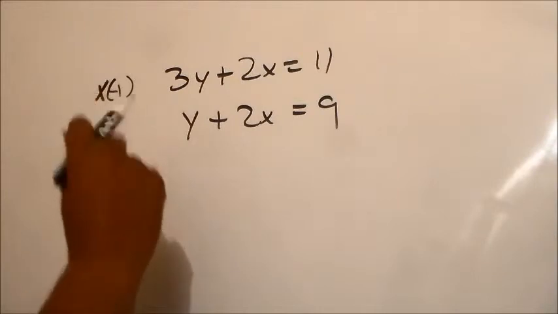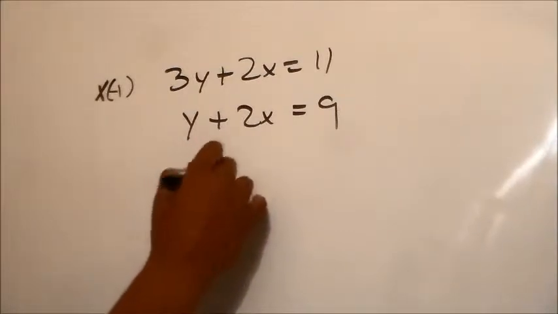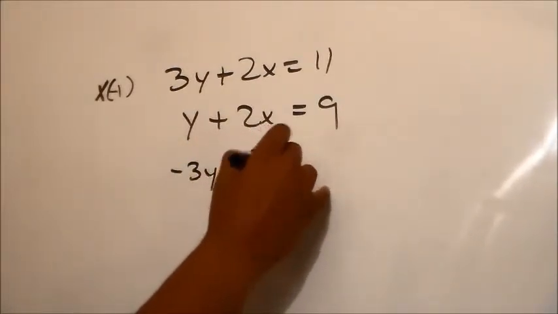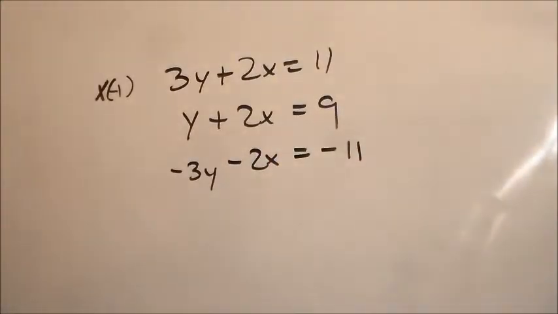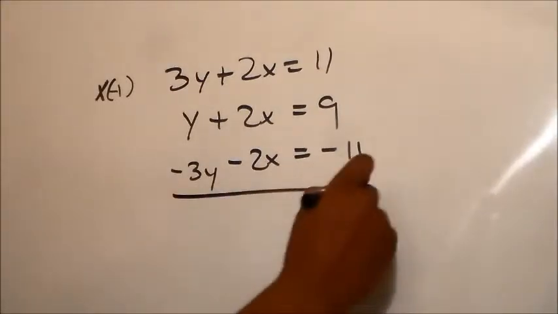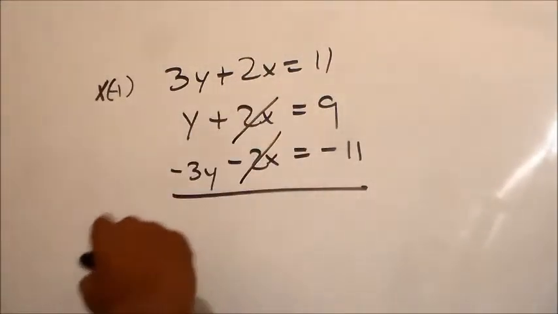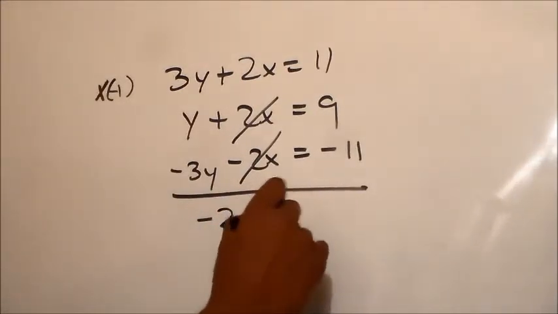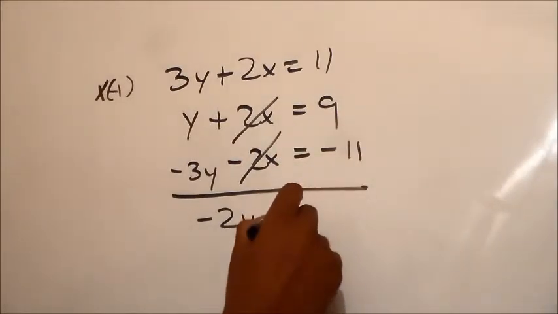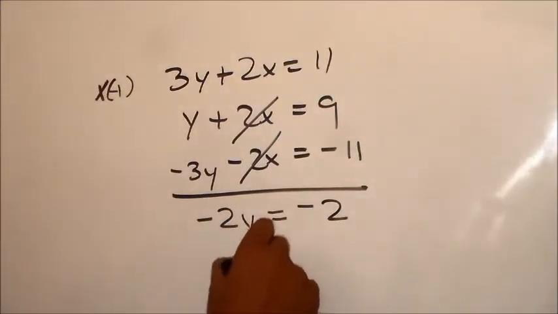This changes the top equation to negative 3y minus 2x equals negative 11. And we can do that. Then we look at this, and we see that the 2x cancel out. We wind up with negative 2y equals negative 9 minus 11... negative 2y equals negative 2, so y is equal to 1.